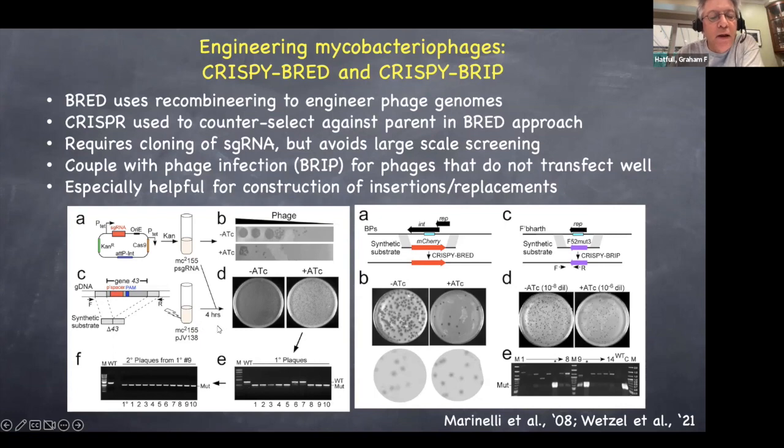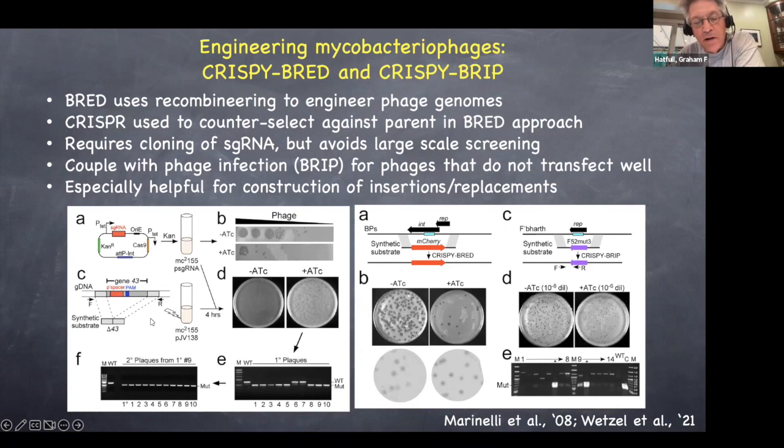But then we can enrich for the progeny that we're after by counter selection against the parent phage using Cas9 CRISPR selection. So we make a plasmid expressing a guide RNA that targets the parent, as you can show here, and then you get very efficient recovery, and just by PCR, a very high proportion of the progeny are the desired recombinants.